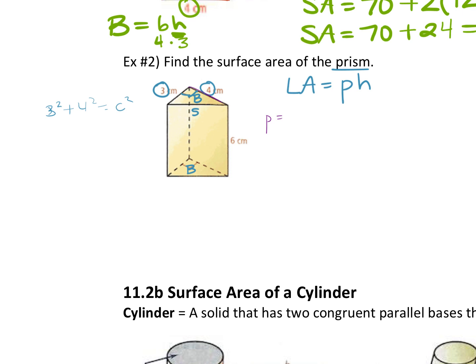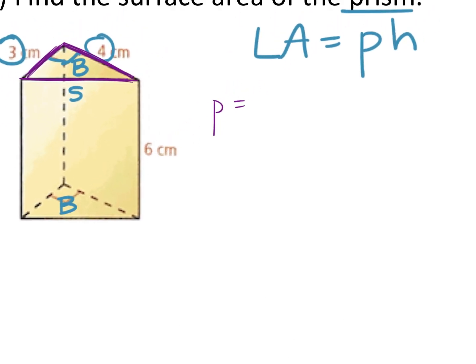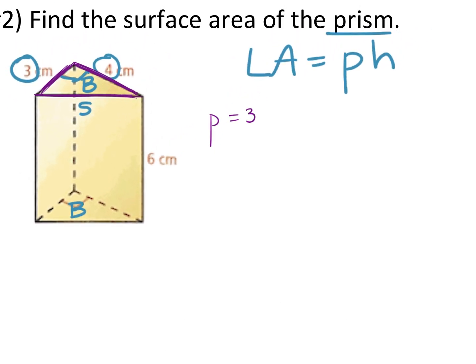P is perimeter of the base. Your base is a triangle, so the perimeter of that triangle is 3 plus 4 plus 5. So your perimeter is 12. That's that number. What's H? 6. H is the height of the figure, right?